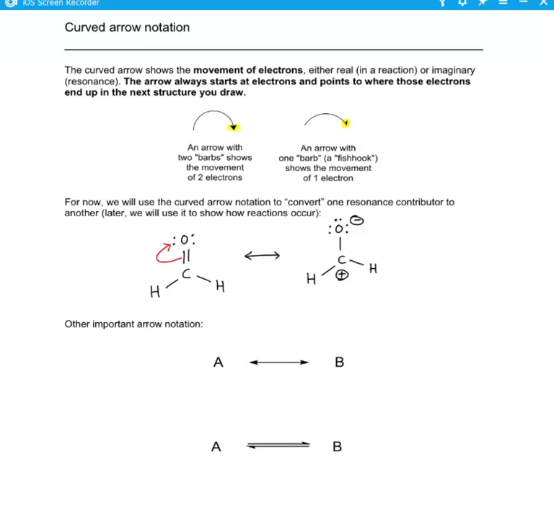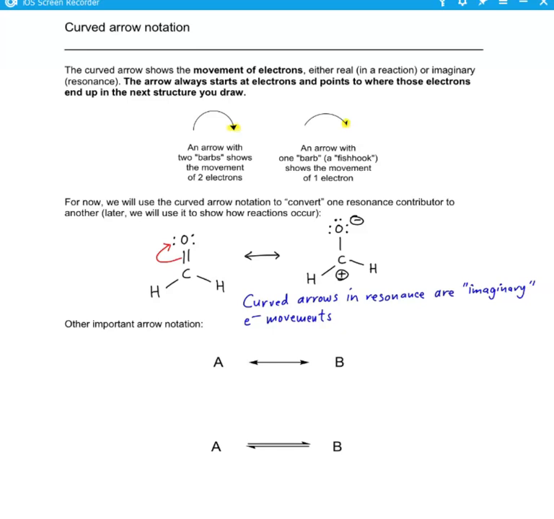So again, this is an imaginary movement. The curved arrows in resonance are imaginary movements of electrons. The electrons are not really moving. Instead, they're delocalizing, and this is our crude way of depicting that.